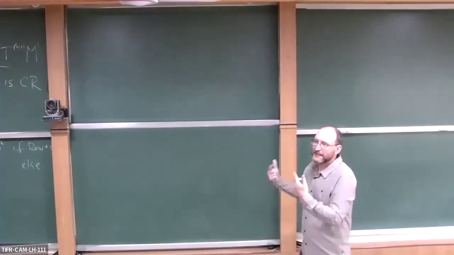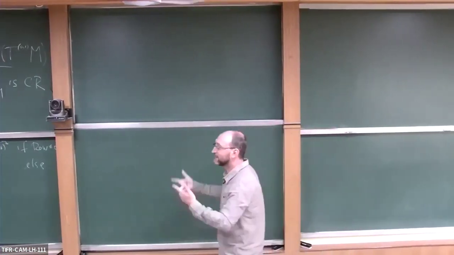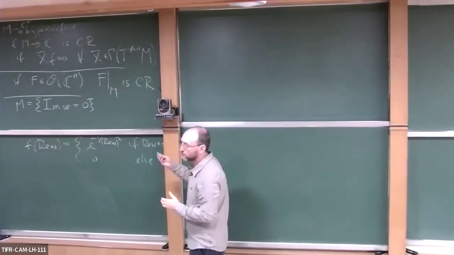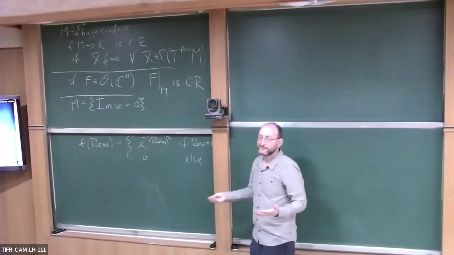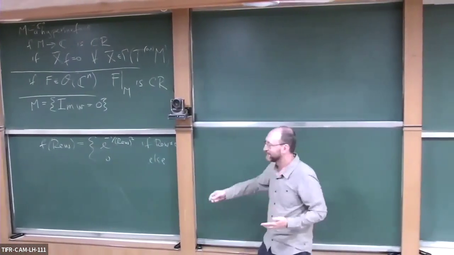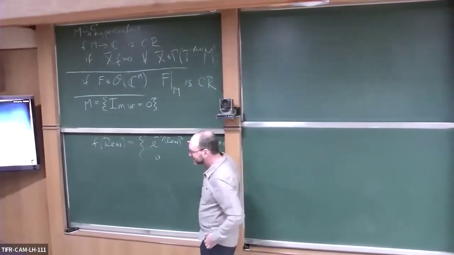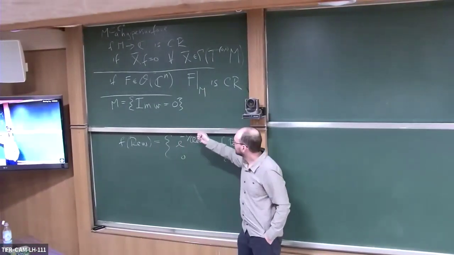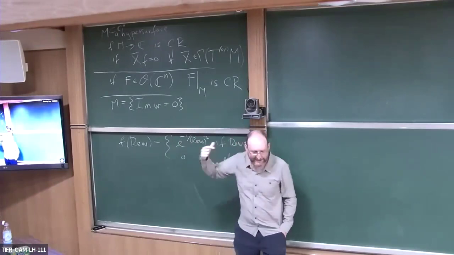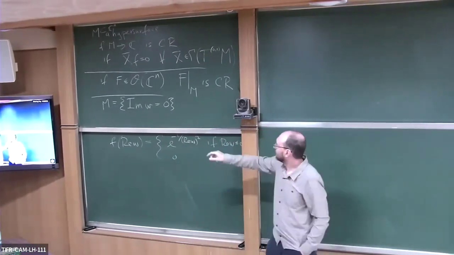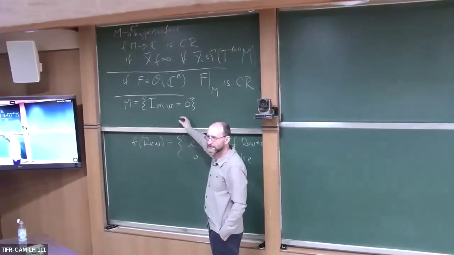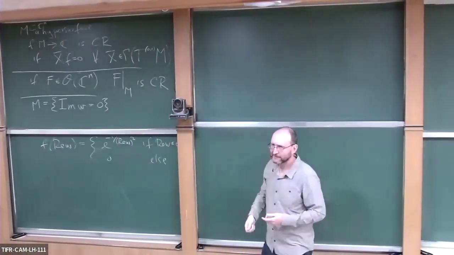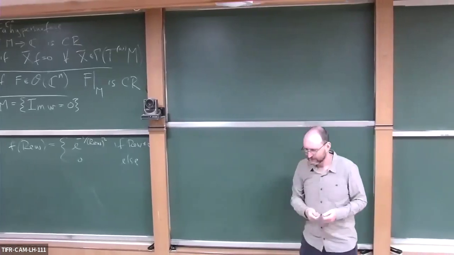Is it true that whenever I have a real analytic CR function, it is necessarily a restriction of a holomorphic function? And the answer is yes. It's basically a generalization of the standard one variable thing, where you have something on the real line and you're complexifying it, like when you're computing contour integrals.